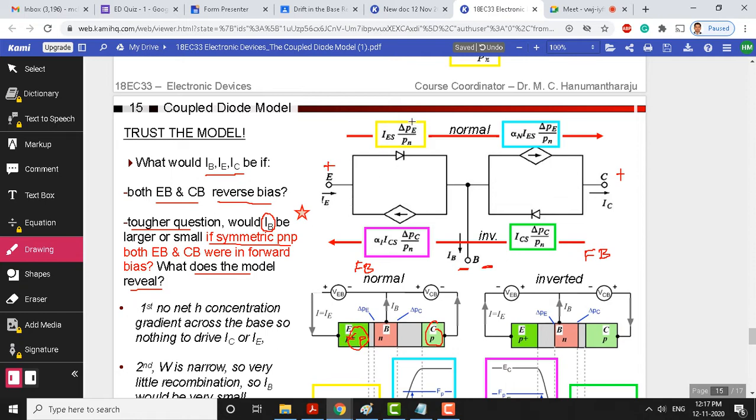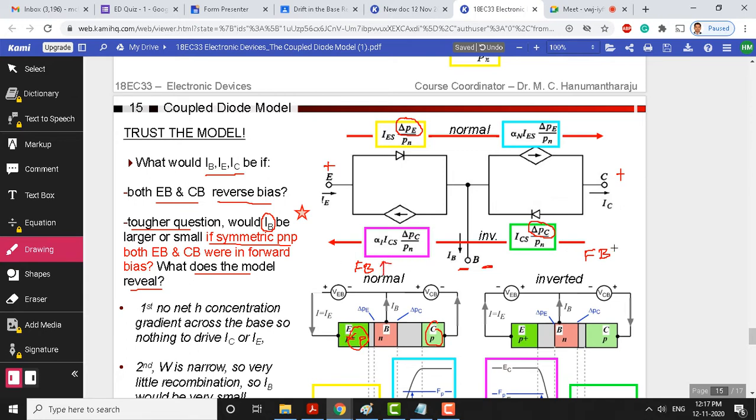Look at this equation once again. This delta P and the delta PC here will give you the answer. Delta P is connected to VEB. So, as forward bias increases, what will happen here?